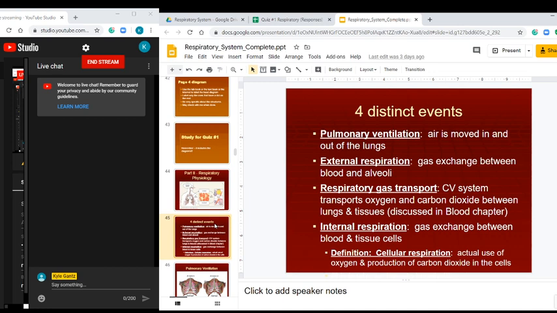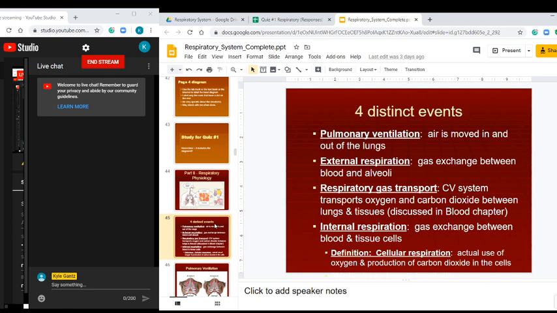We have respiratory gas transport. So the cardiovascular system is mobilizing oxygen and carbon dioxide around the body between the lungs and the tissues. We talked about that in the blood chapter. We talked about that in the cardiovascular chapter, where we are taking blood either oxygenated or deoxygenated, and we're cycling it through, which is basically going to go eventually through the lungs to be redone.